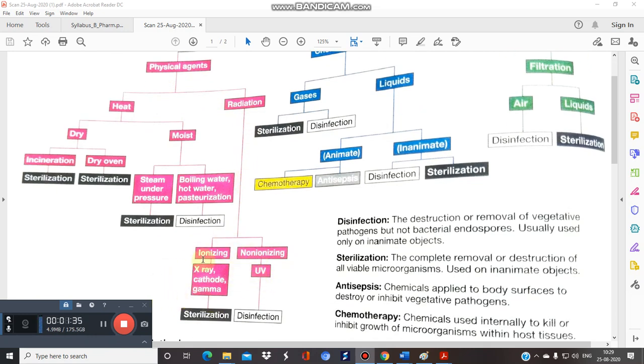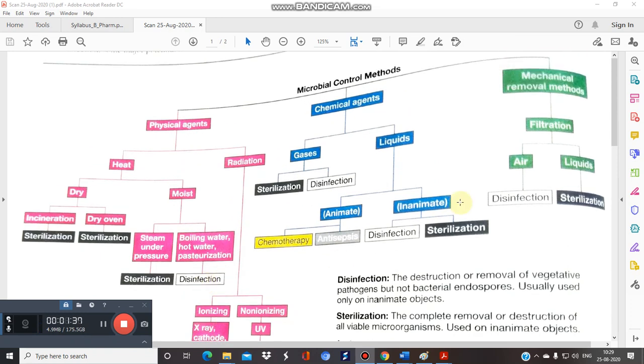We have already covered this also. We have already covered the chemical methods too, which are divided into two: the gaseous and the liquids. Just see the liquid part, which is applied on living or non-living objects. For non-living, that is inanimate objects, we go for disinfection.